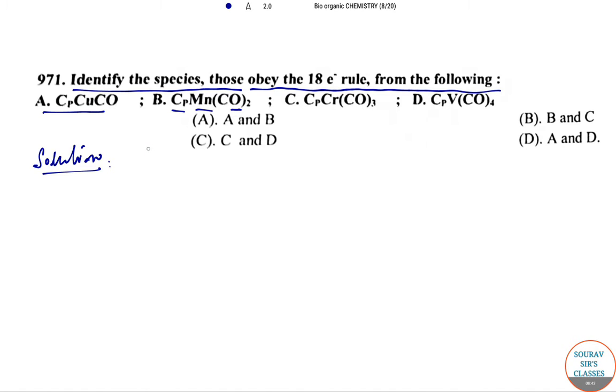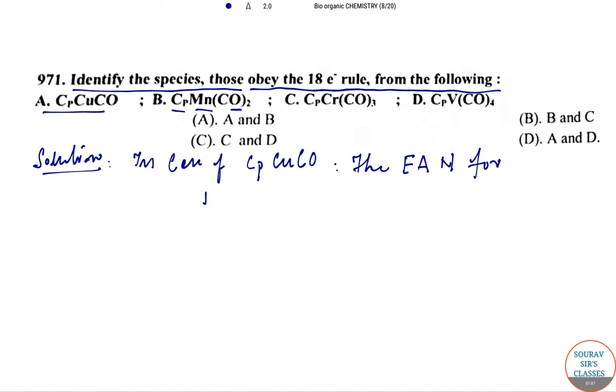In case of CpCuCO, the EAN for the complex is 5 plus 1 plus 2 is equal to 18.